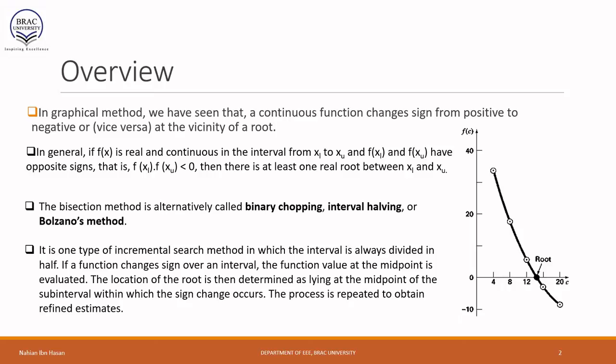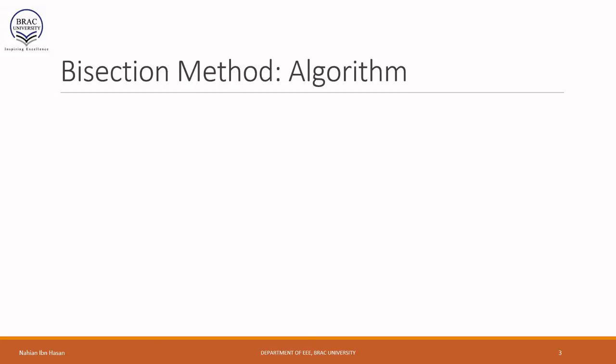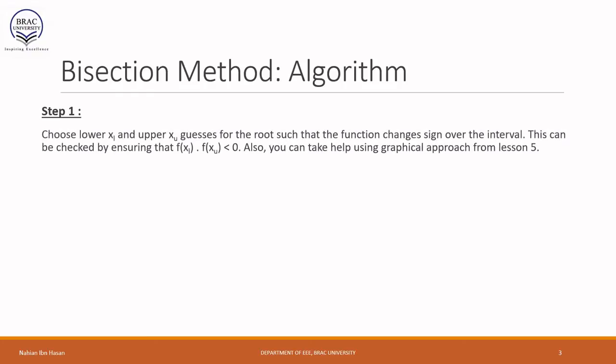So let's look at the algorithm that we are going to use to apply the bisection. In step 1, we have already said what we need to do. We need to assume two separate values, x lower and x upper. X lower is the lower boundary and x upper is the upper boundary. Within this boundary, we assume that there is a root located at some point.